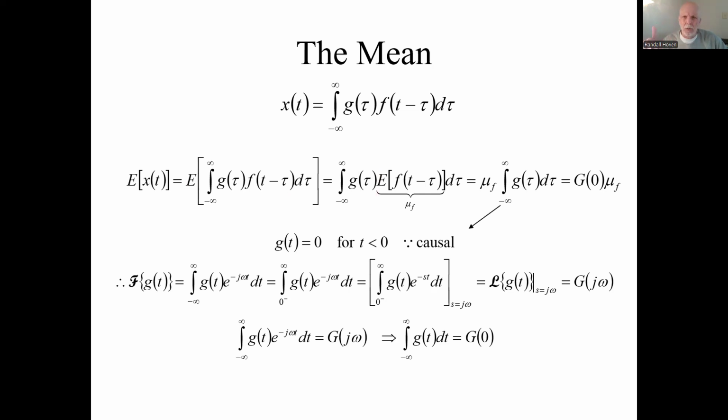The system is not random. The input is random. So the expectation just amounts to taking the expectation of the input, and we said it's wide sense stationary, which means that expectation is just a constant, whatever the mean of the input is.